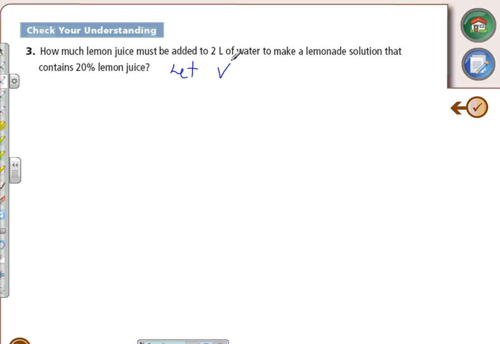So that's what I'm looking for. Let V equal the volume of lemon juice added. You have to identify what your variable means. If you use a variable, you've got to identify it.